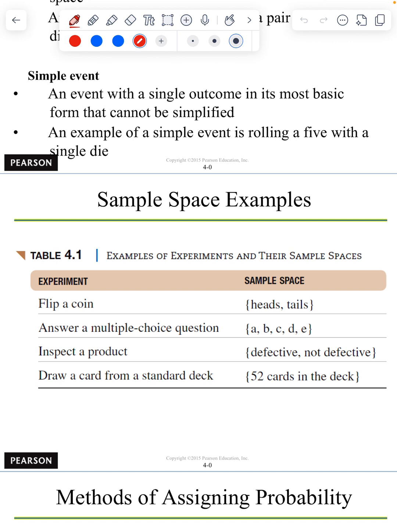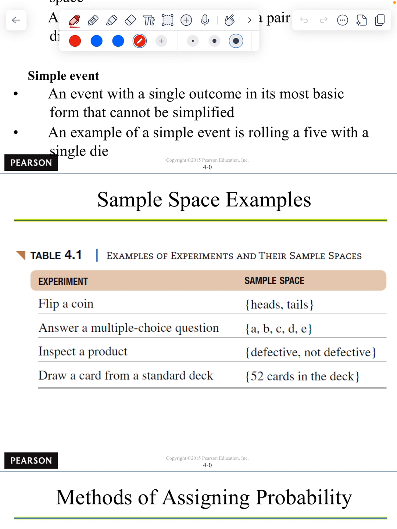So here are some sample space examples. You've got flipping a coin, answering a multiple choice question, answering a true-false question: is it true or false? Inspecting a product. Sometimes we get products that are defective, and in business we're going to be looking at the likelihood that the product is going to be defective.